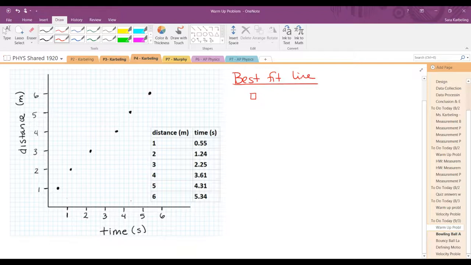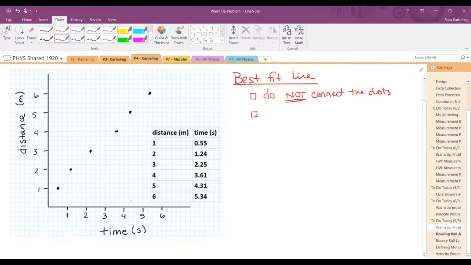One thing to note about a best fit line is that you should not connect the dots, right? That's a no-no. We are already aware of that. But let's write it down. Do not connect the dots because they wouldn't even be in a straight line. Well, we're getting there. Hold on. We'll do one thing at a time.